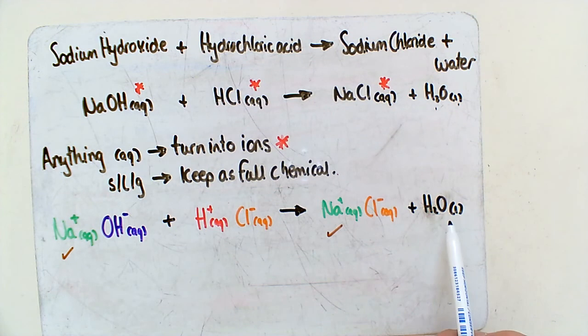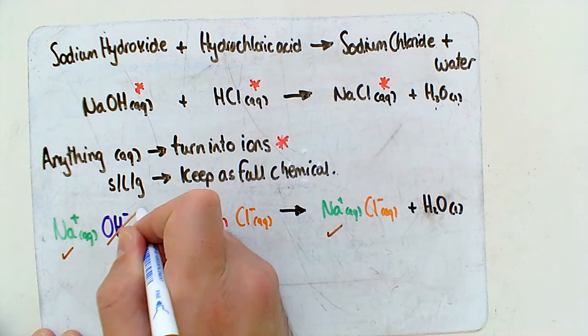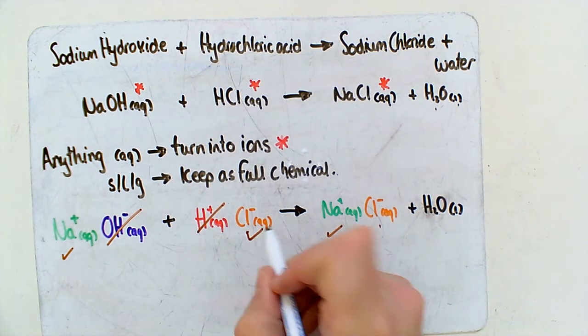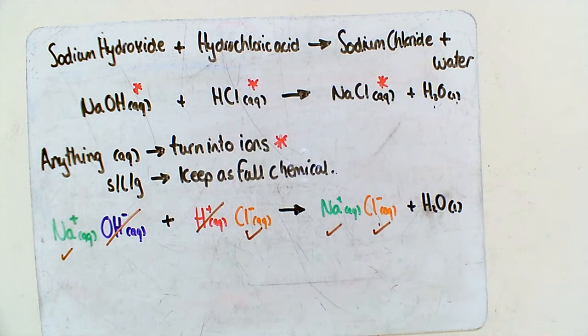There's no hydroxide over here, so we're going to just score that out. We've got an H plus ion. Well, there's no hydrogen plus ion there, so we can score that one out. Now we've got chloride. Well, there's a chloride here. Tick and tick. And if we look over, this is water, so we can score that out immediately.